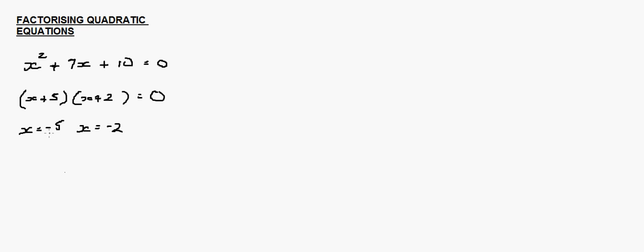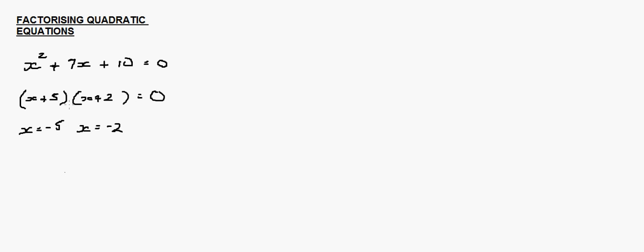And remember, this is where on the x-axis the line will cut. Now, where it cuts is what we refer to as roots. Okay, so this equation has two real roots, which means that it cuts the line twice.